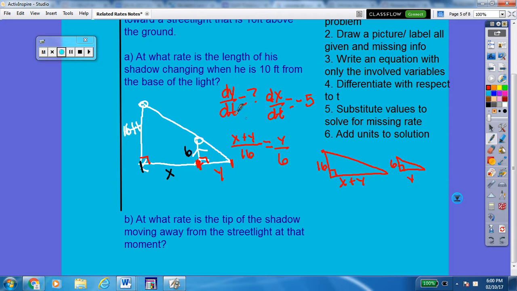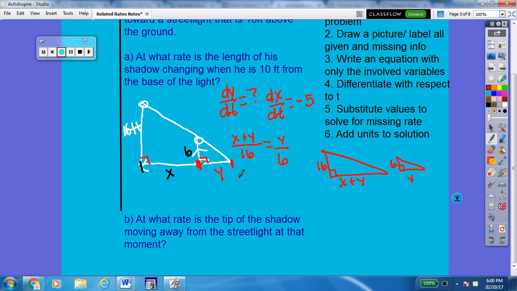Now we're looking for dy/dt. If I take the derivative of this function as it is, it's going to be really messy. I have a y here, a y here, a 16. It's just all over the place. Because both y's are raised to the 1 power, something that could make my life easier is to solve for y, because that's what we want anyway.